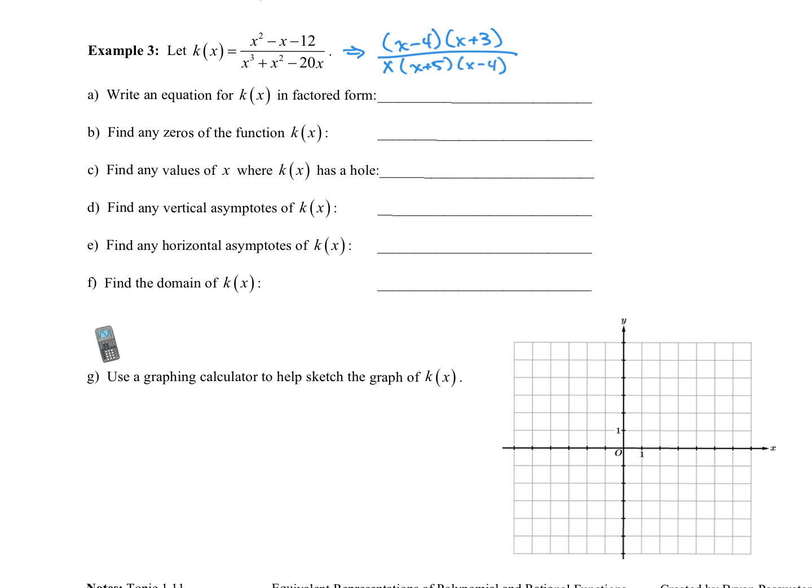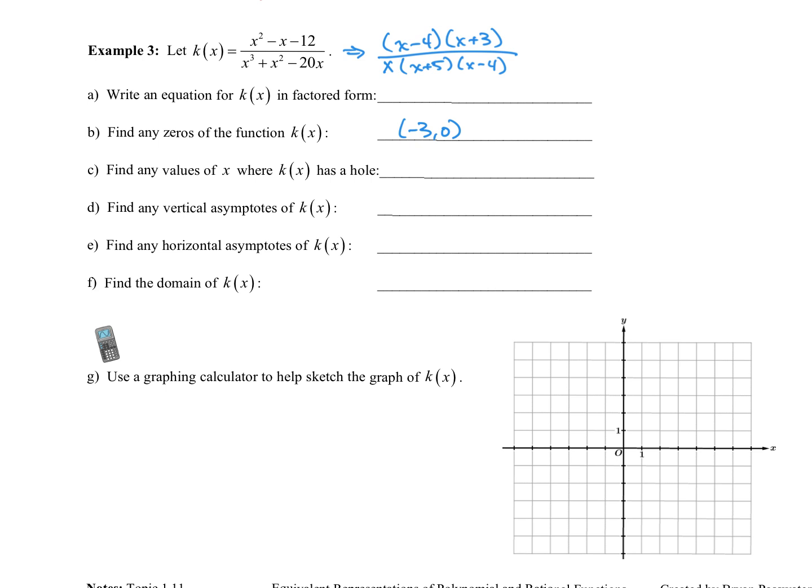Beautiful. And so how do we find zeros of a function? When my numerator is equal to 0. And when is my numerator equal to 0, but it's not a hole? At negative 3. So I have a zero at negative 3 comma 0. Now, where is there a hole?